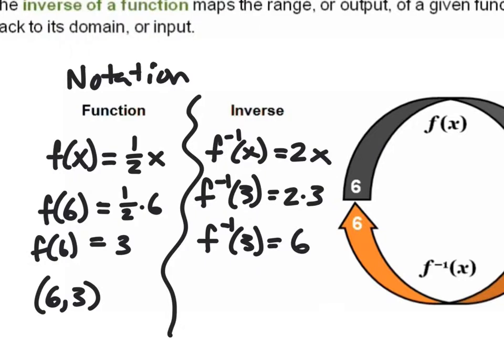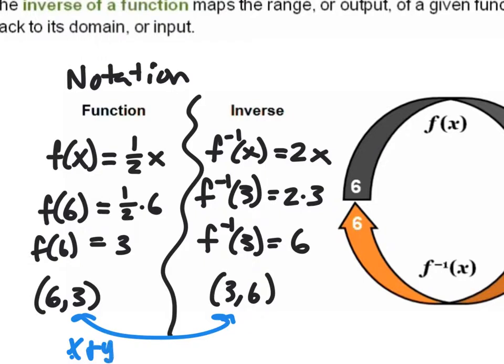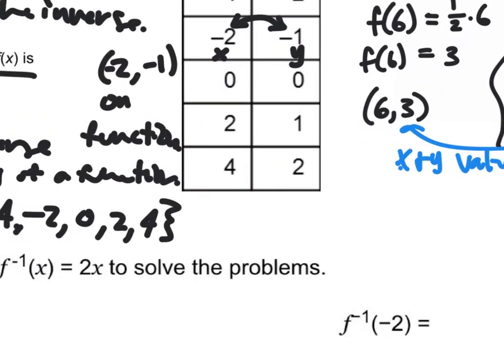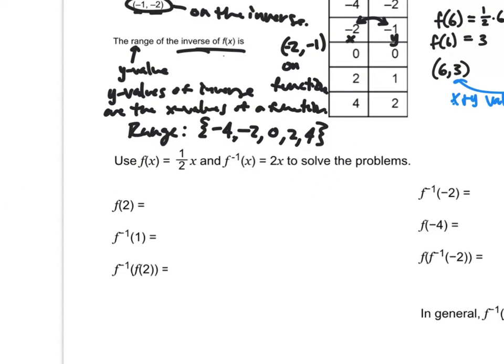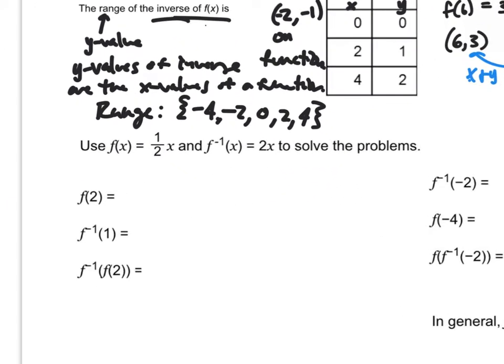So therefore, I have the point 3, 6, and all I've showed is that the x and y values are switched. But we'll go over how to actually find these functions in a bit.